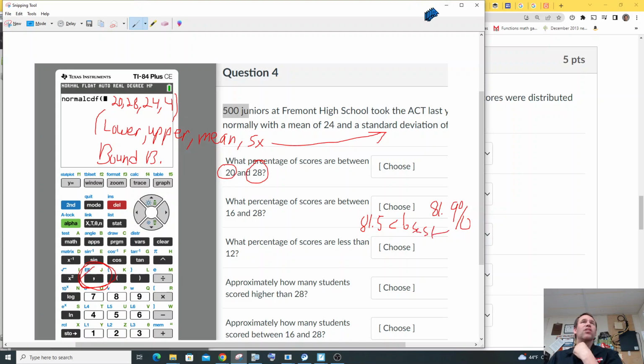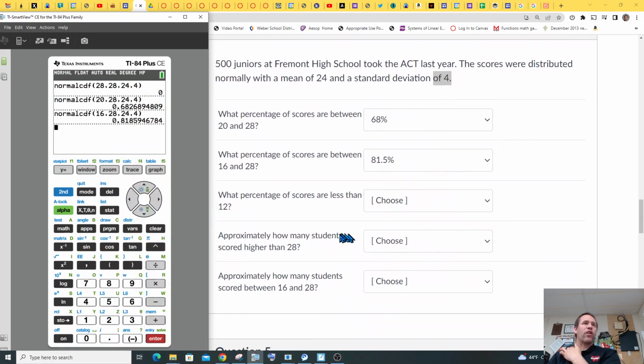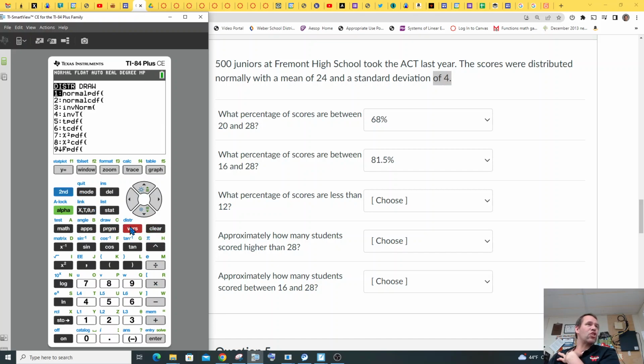Okay, cool. If you want to do a lower bound or an upper bound, say what percentage of scores are less than 12, you go second enter to bring up the last thing you did, or second distribution, option 2.